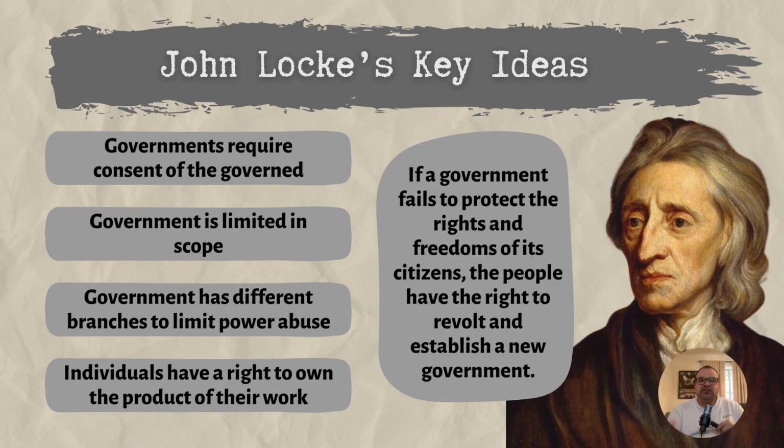So you can see where we're starting to transition this idea into a movement that will influence and inspire and ignite revolutions, right? He's also proposing limiting the powers of government and using some sort of check and balance system to prevent abuses of power, which is not how a monarchy typically operates.